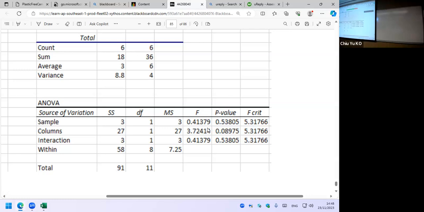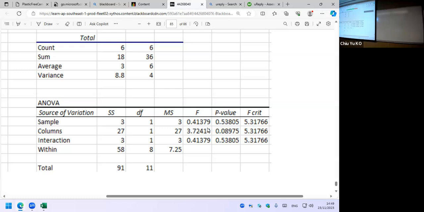Within is the same as before: each data point minus its small group mean, squared. The column, remember A is gender, so this is the gender difference. And the sample will be called age group.